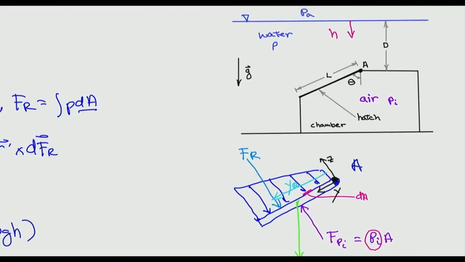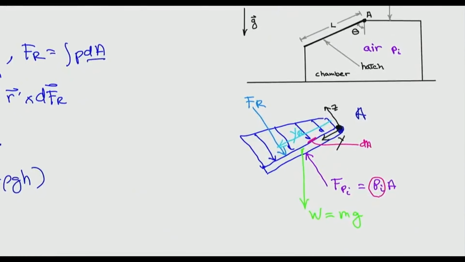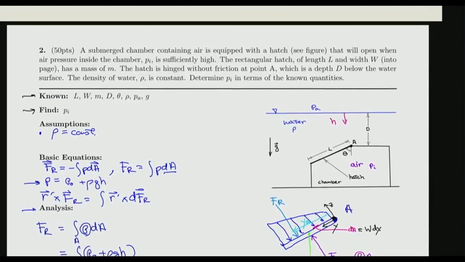Now, if we want to integrate with respect to the y coordinate, then the dA is going to be w dy. The differential area is along the surface, so it's going to be a dy, and then into the board, the width is the given w.